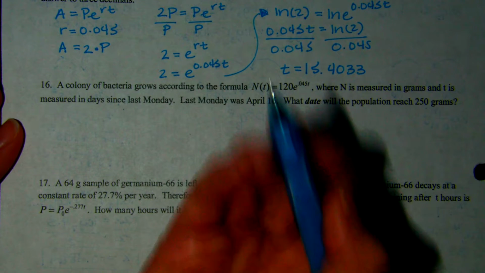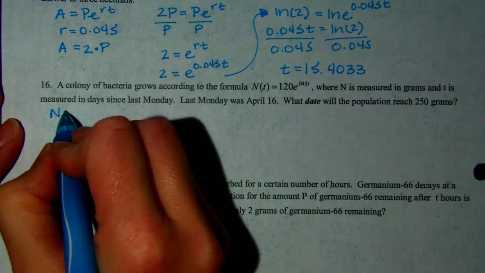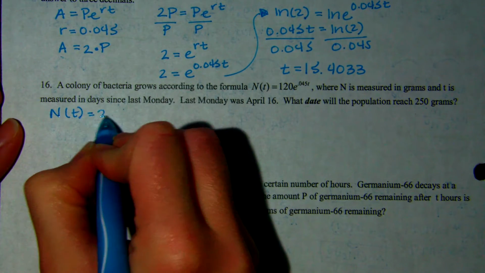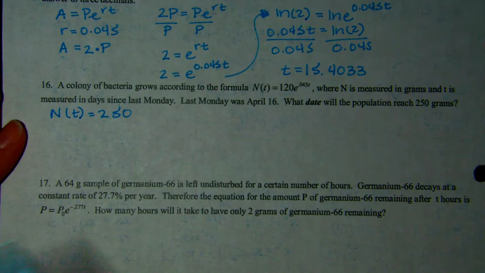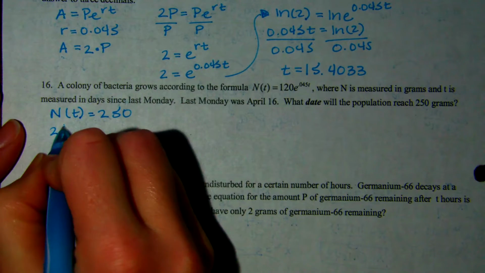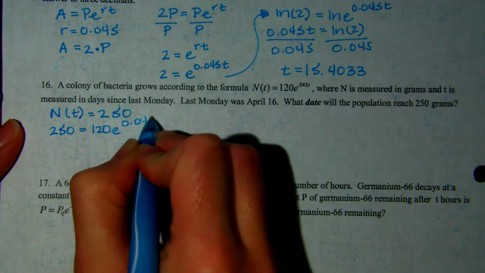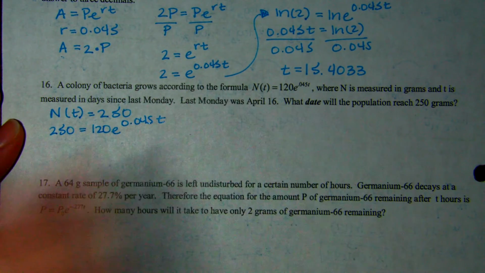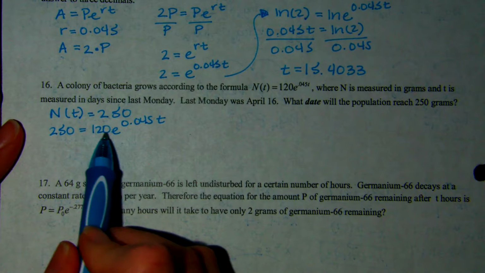That's my N of t, my final amount. My population at time t is 250, and I want to know what that time is. So we set 250 equal to 120 e to the 0.045t. We do this like we do all of these problems.